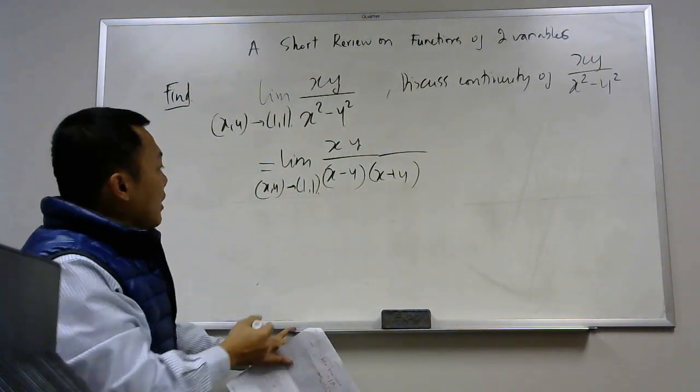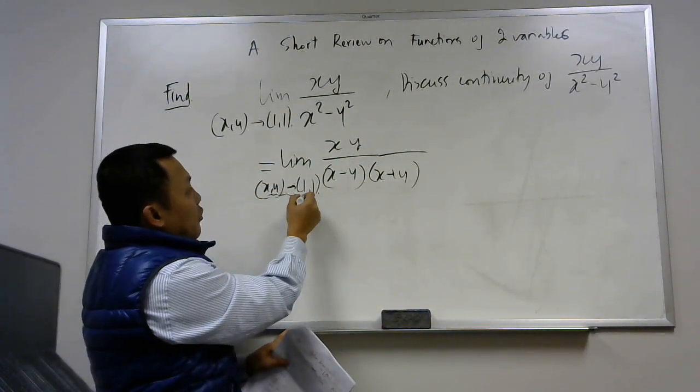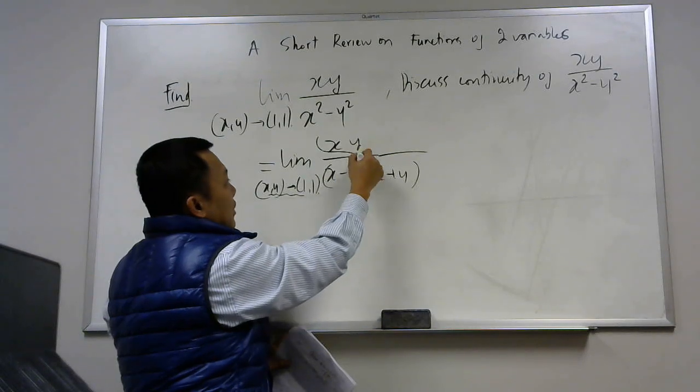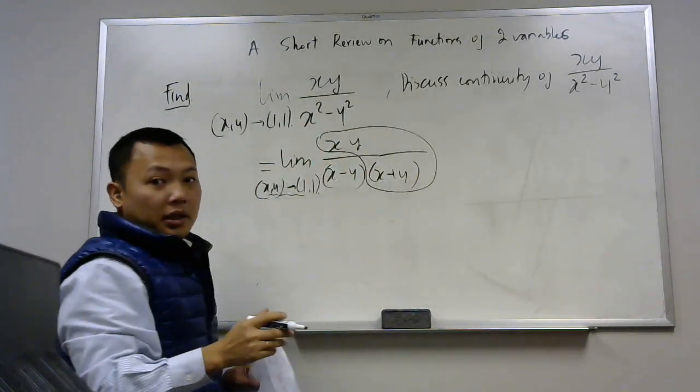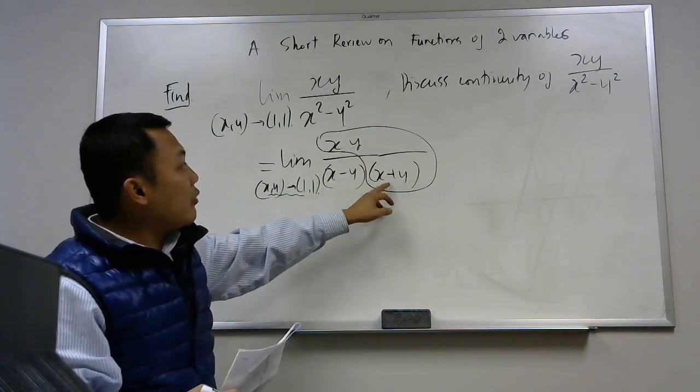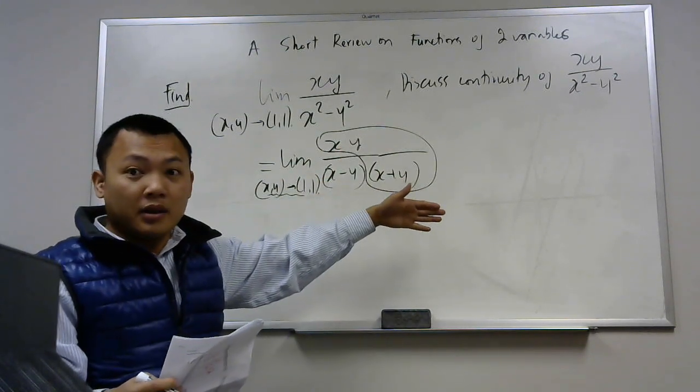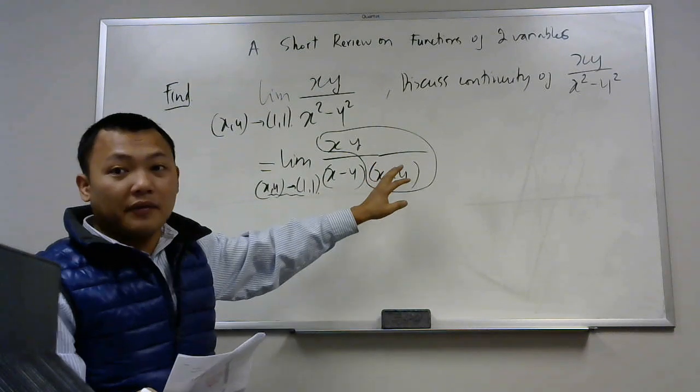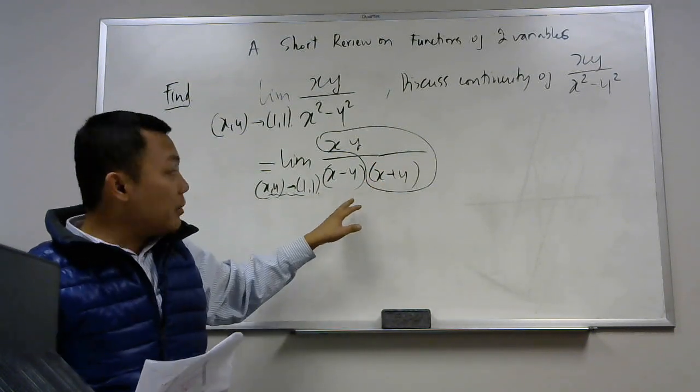Now you see, when (x,y) approaches (1,1), this part is good, because when you plug in 1, 1 here, you get 1 over 1 plus 1, which is just 1/2. And this part does not affect the existence of this limit.